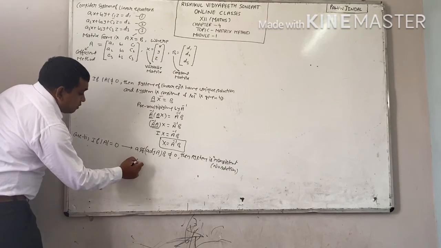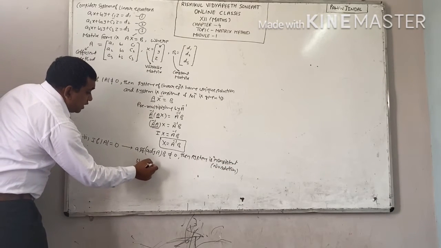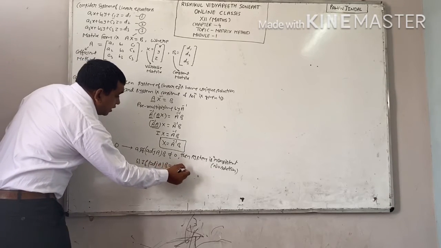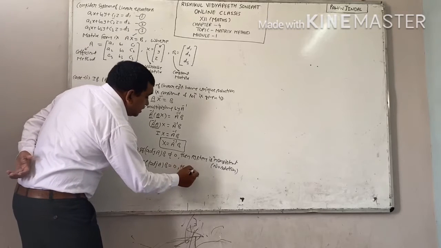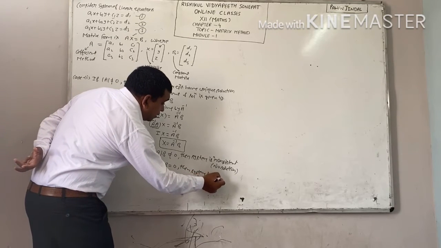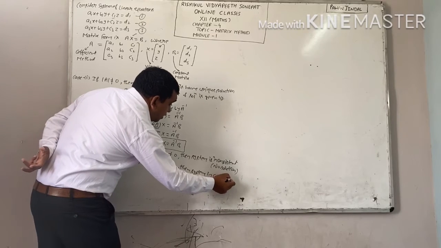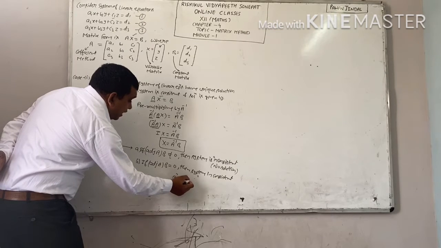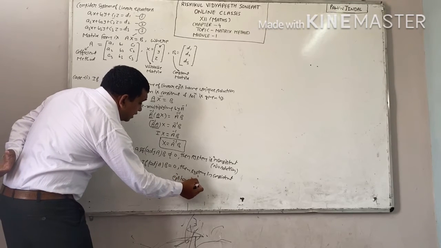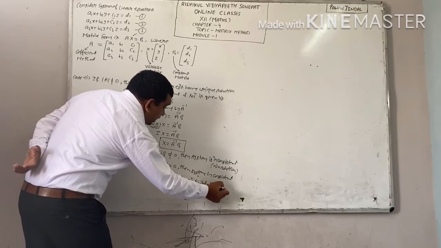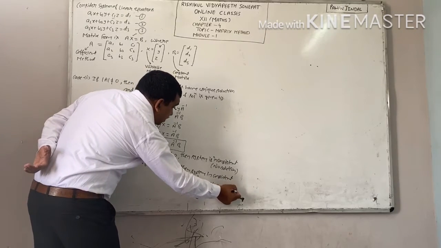And second case will be if adjoint of A into B equal to 0, then system is consistent, but equations have infinitely many solutions, means infinite solutions will be there.